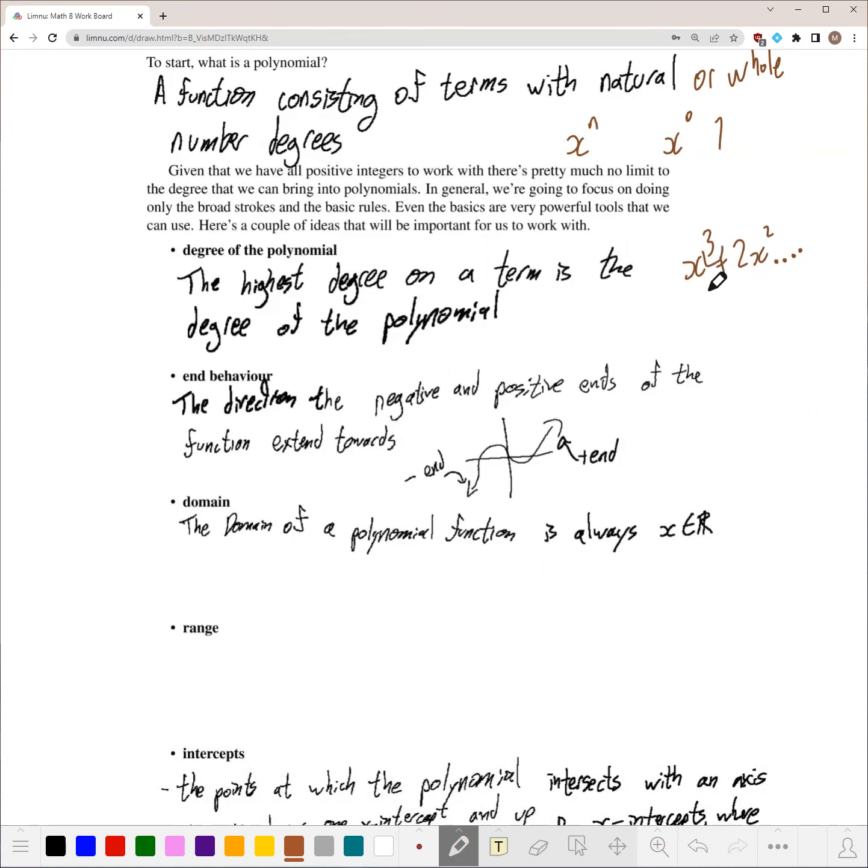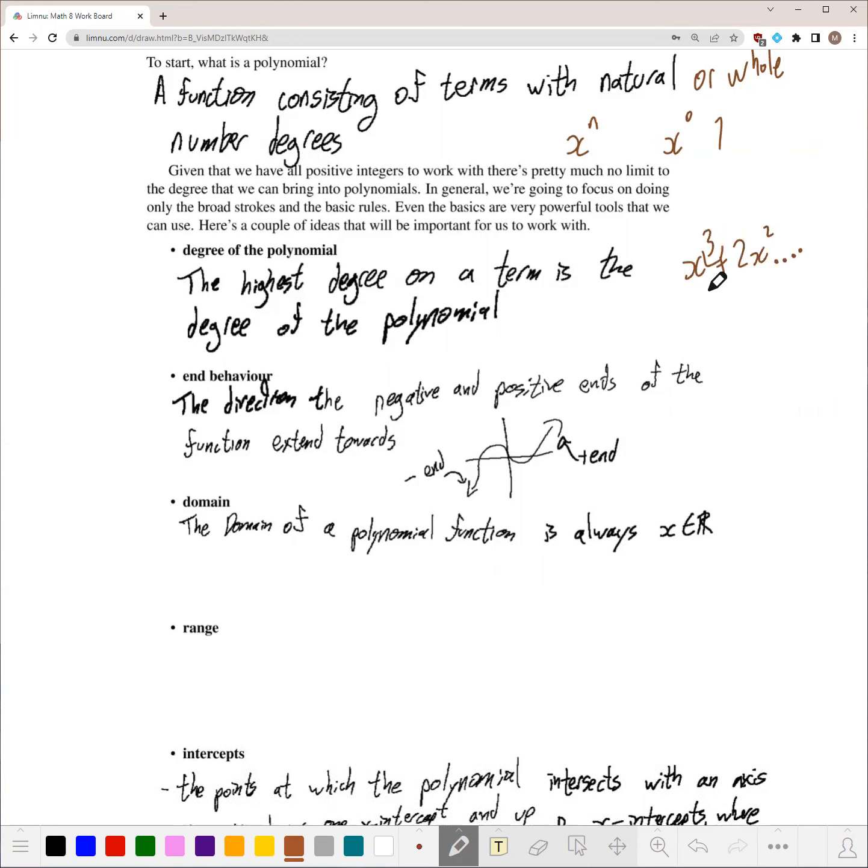One of the key ideas here is that the degree is important because it determines what our function is going to look like. If you think about this in terms of graphing, understanding the degree of a polynomial is the whole point of what a graph is going to look like, or how our polynomial is going to act. All that's based on our degree, and that's a big deal.